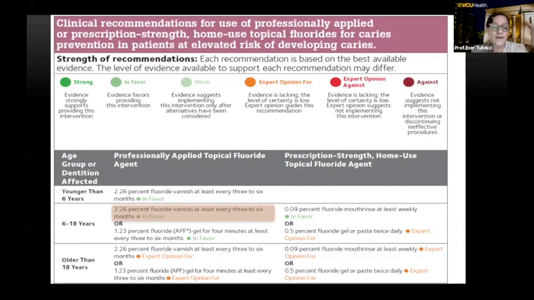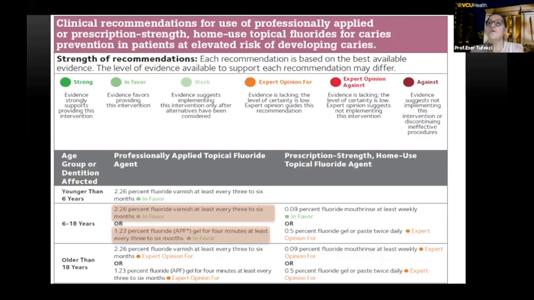Evidence is in favor of the use of 2.26% fluoride varnish at least every 3 to 6 months for minimizing the lesions. Similarly, 1.23% fluoride gel for 4 minutes, at least every 3 to 6 months, also is in favor.